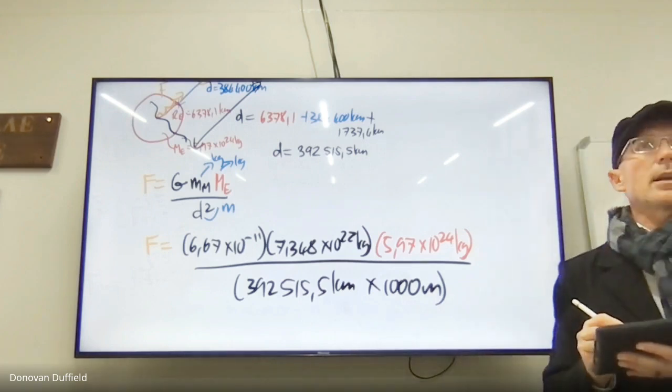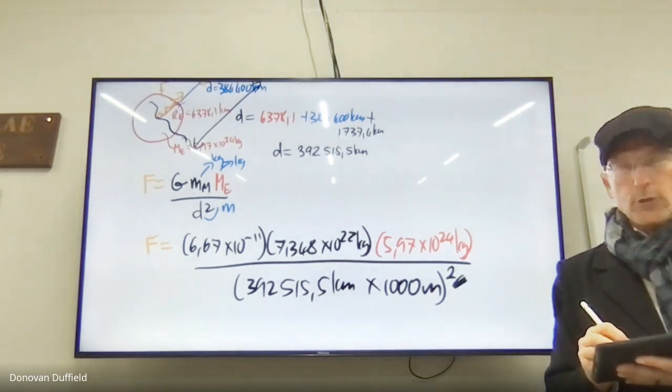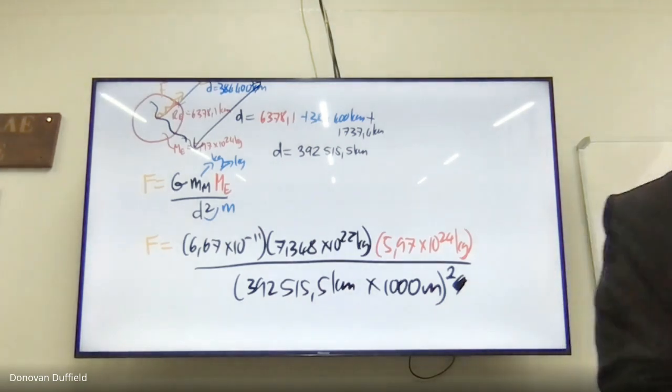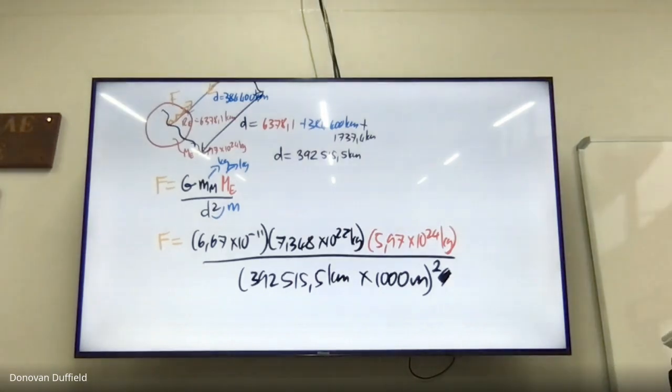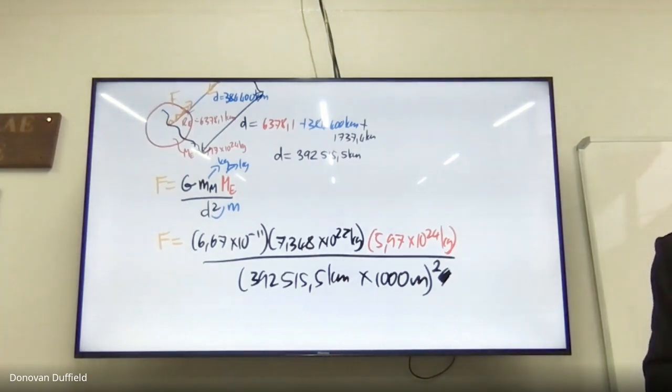And the other mistake learners make is they forget to square the distance. So let's do that. We work it out and we go, okay, 6,67 times 10 to the negative 11 times 7,348 times 10 to the 22 times 5,97 times 10 to the 24, divided by 392,515,500 squared.